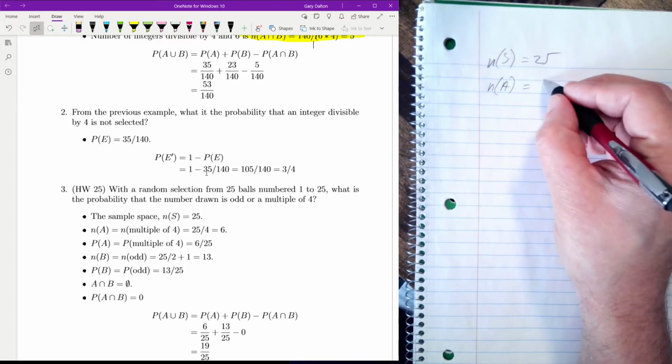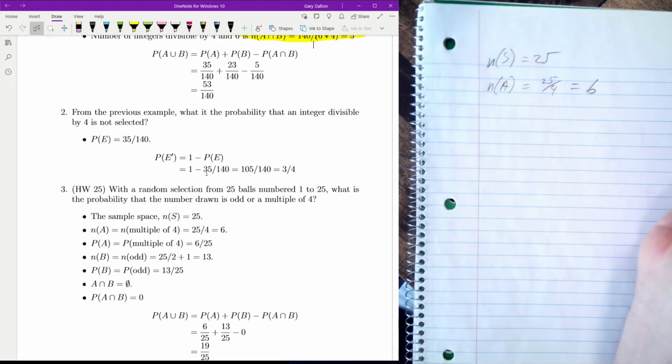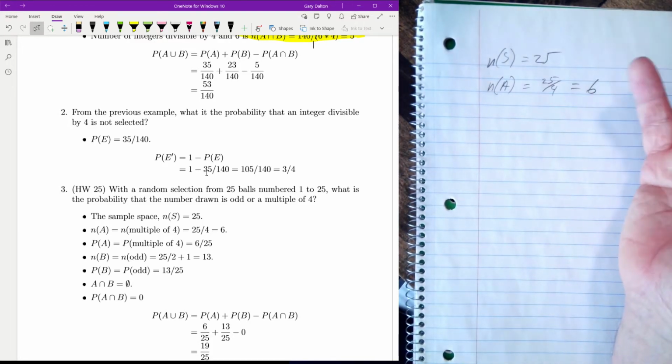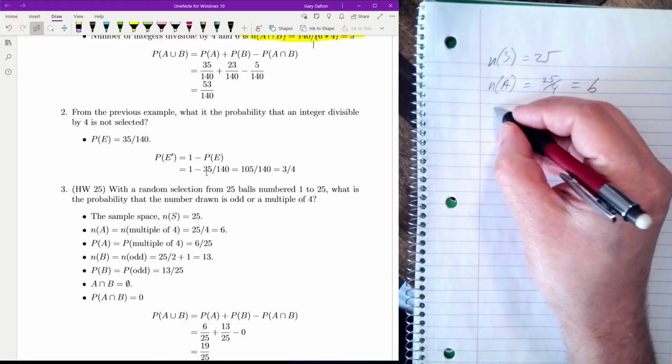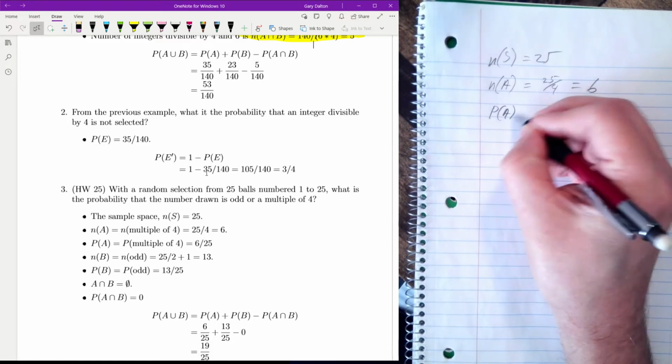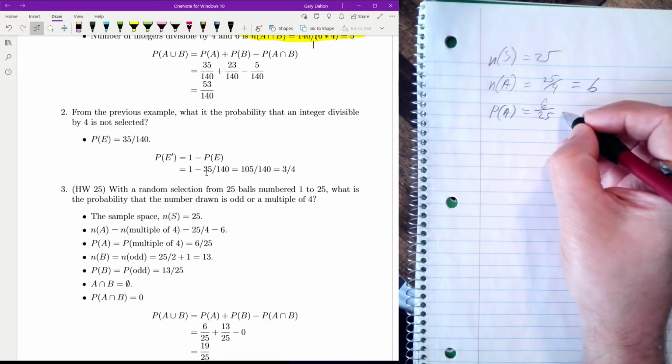So that would be 25 divided by 4, which is equal to 6. It has to be a whole number because there aren't balls that are 6 1/4. So then we have the probability of A is equal to 6 divided by 25.